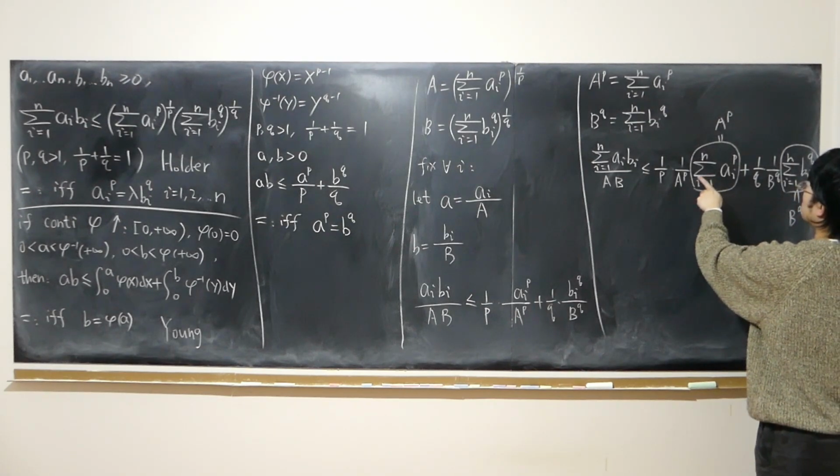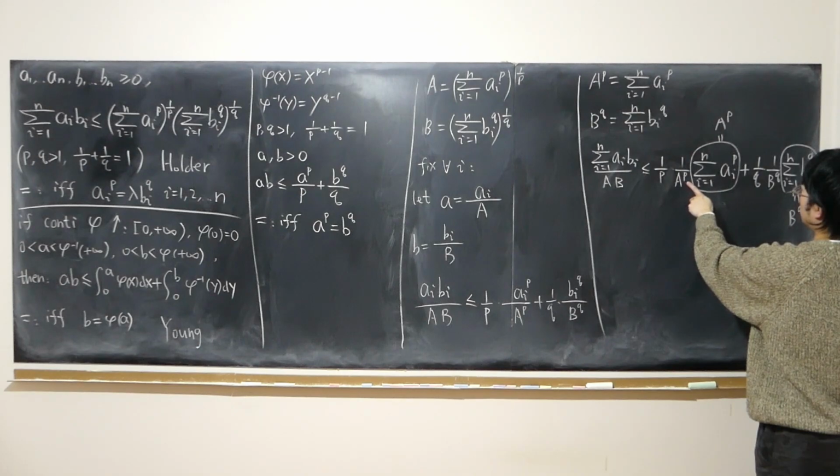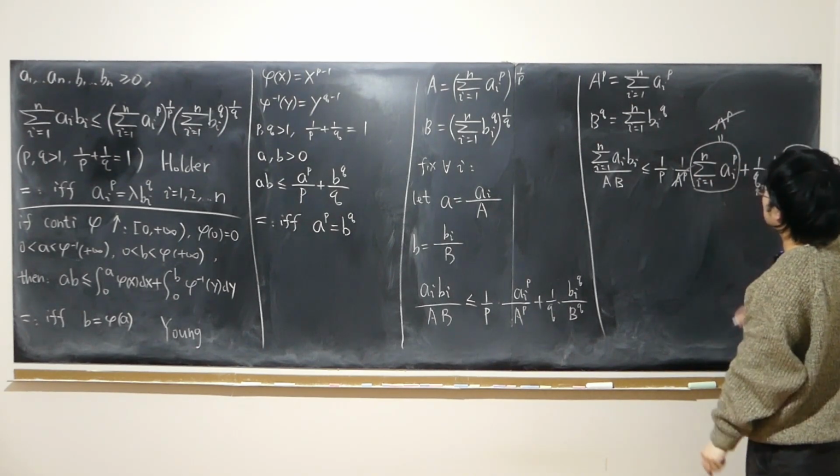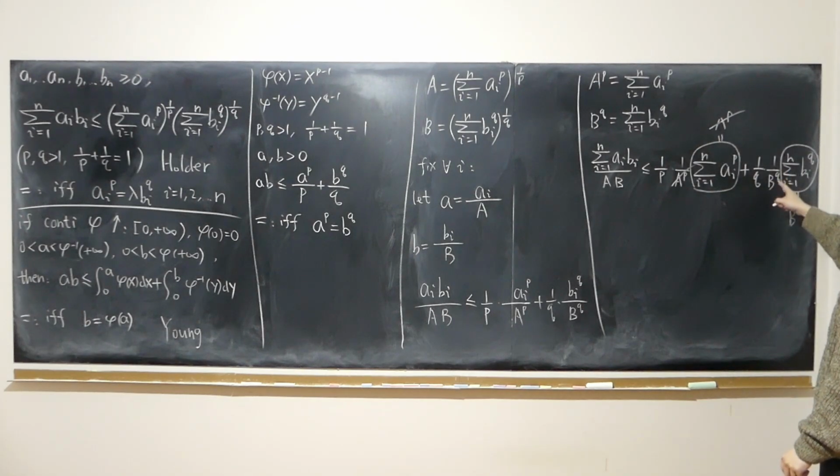So I have 1 over a to the power of p and a to the power of p. They just cancel out, right? Likewise, 1 over b to the power of q and b to the power of q, they just cancel out.